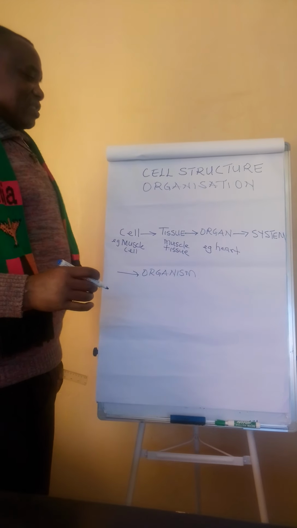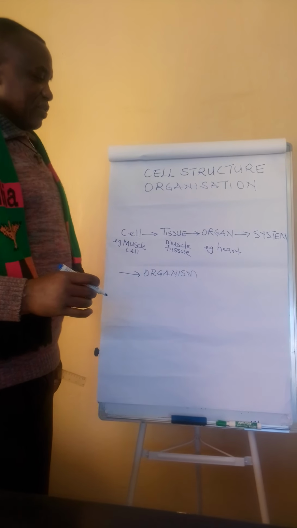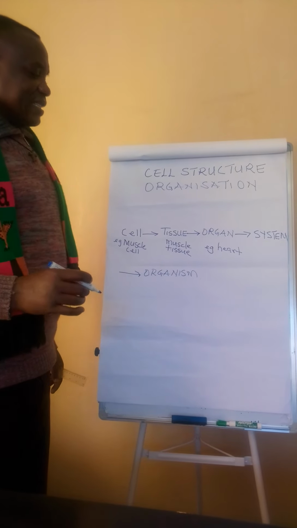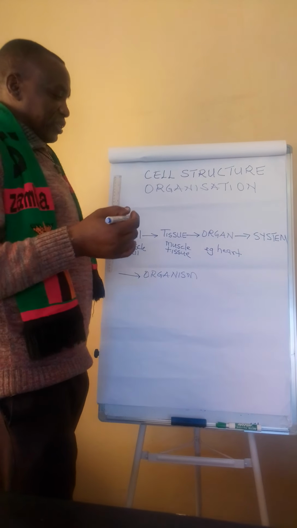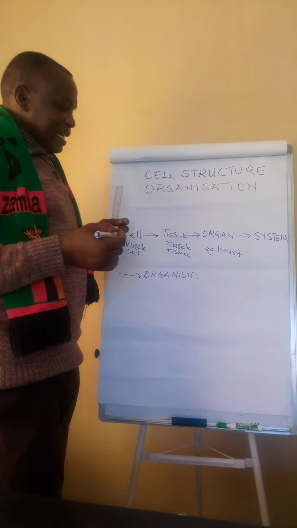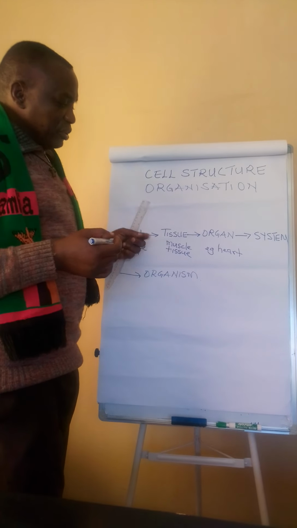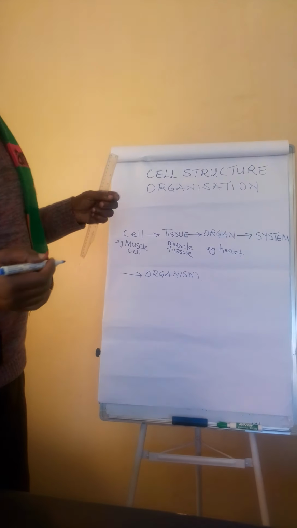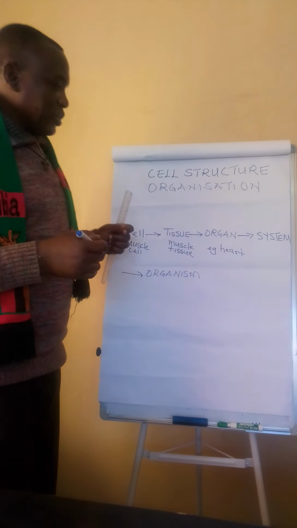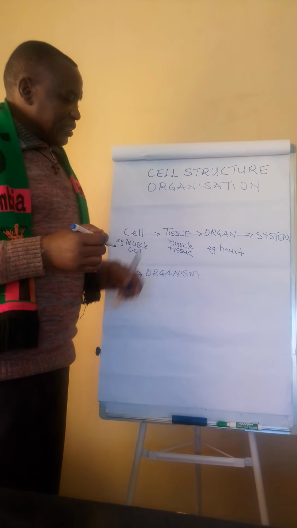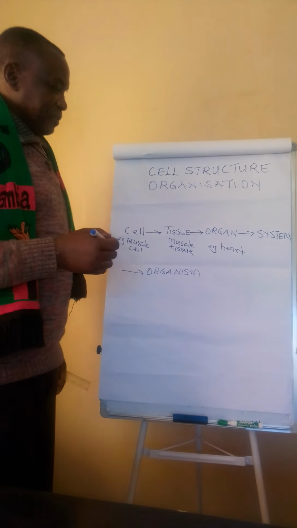Okay, that is the muscle of the heart. So the heart is made up of different types of tissues that come together. It's made up of muscle tissue. Okay, then it is made up of nervous tissue. They are also there, and then these different tissues form what is known as the heart.